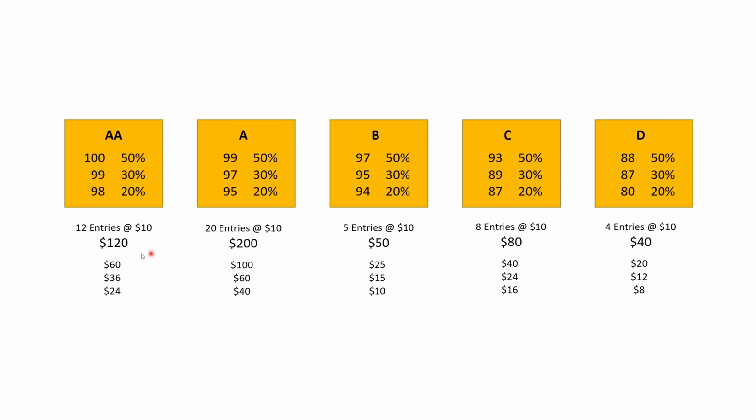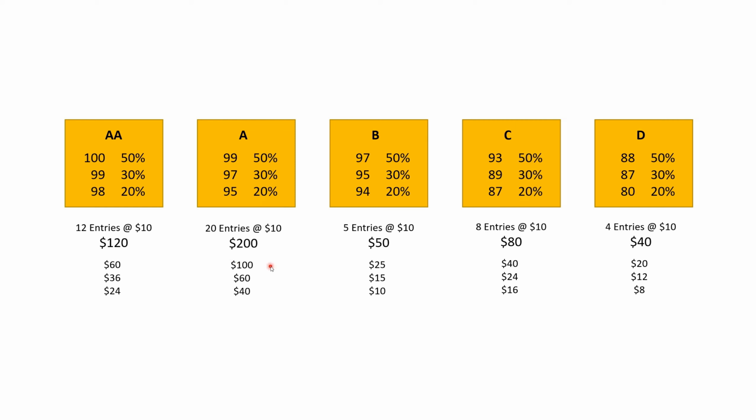If there are any ties, this amount gets divided. So let's say, for example, in A class, we had 2 people shoot a 99. The top score gets $100, but we have 2 people who shot that top score, so they get $50 each.